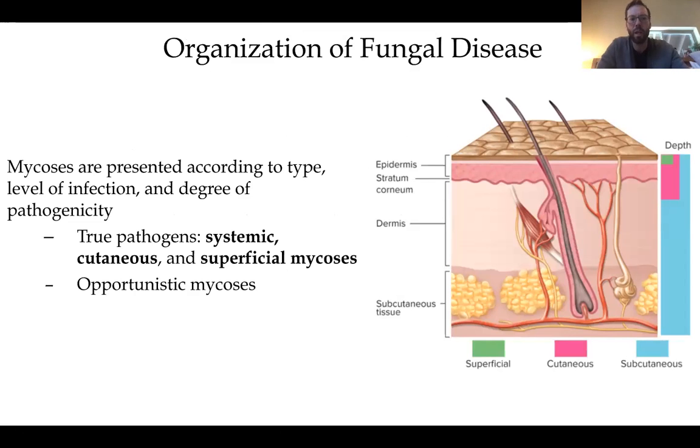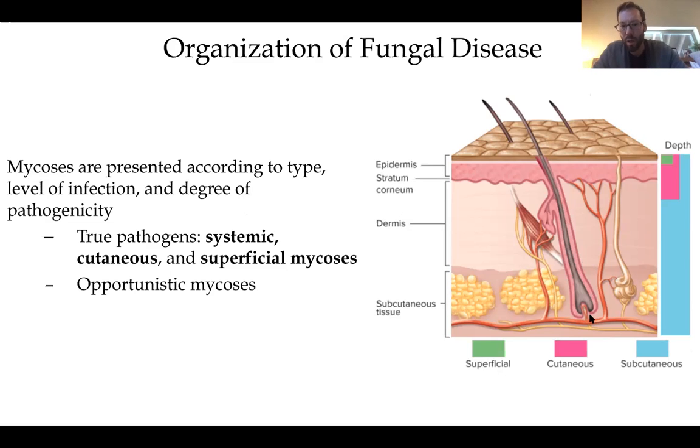Just kind of a review here. The true pathogens are going to be the ones that don't need any kind of compromised immune system, and they can range from being cutaneous, superficial, to being systemic. And so, going beyond the skin barrier into the realm of where it hits the bloodstream.